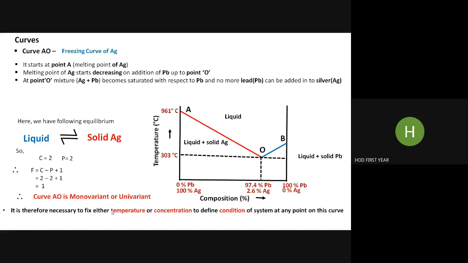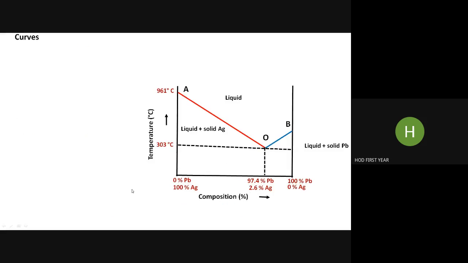So it is necessary to fix either temperature or concentration. Only one of the two is needed, because it is univariant, not both simultaneously, only one. Either fix the temperature or fix the concentration to define the condition of the system at any point on this curve. That means to define the feature of the system at any point: whether the point will exist or not, at which temperature it will exist and at which concentration. Only one parameter is sufficient for us.